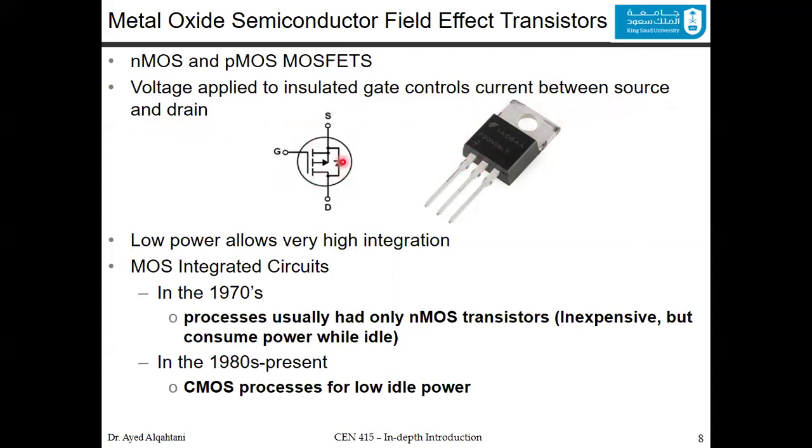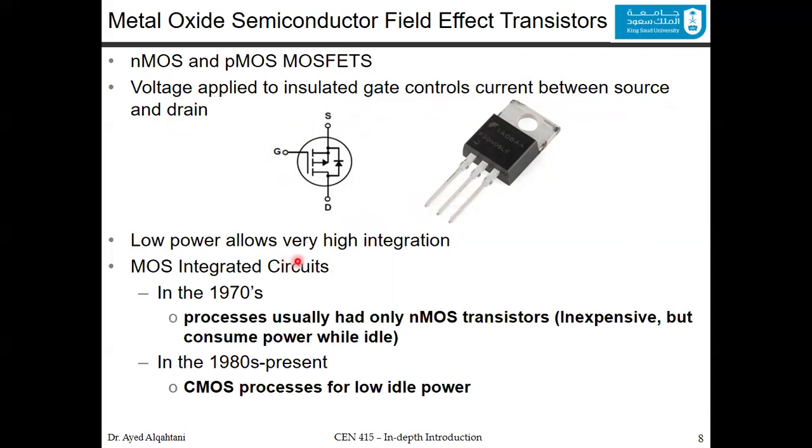As you can see here in the figure, you have three terminals. This is the gate where you have the control, and the current moves between the source and the drain. This is a real one, and it has three terminals as well.